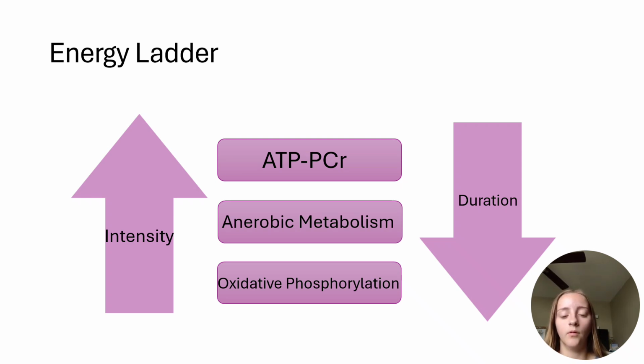But all of these are happening simultaneously. None of them are on their own. There's always two that are occurring, and then your body works more towards some of them.